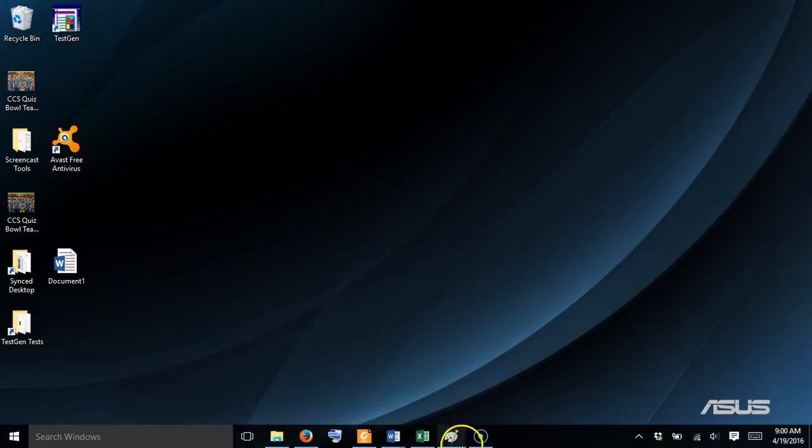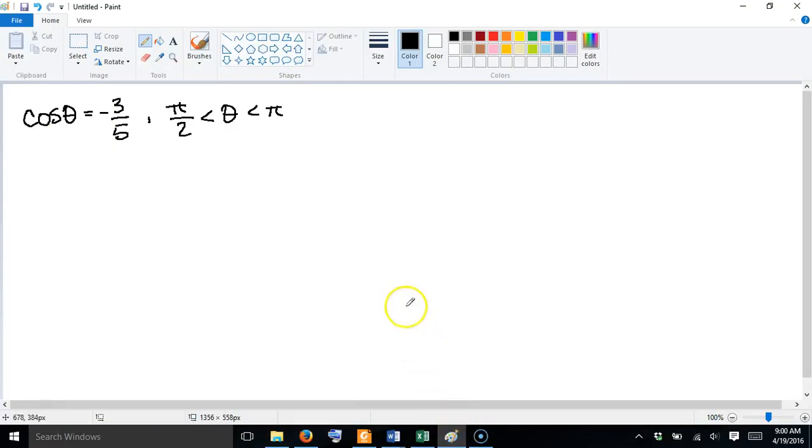All right, guys, let me put my page back up. Okay, there we go. Now this problem is number 9. We are given that cosine of theta is negative 3 over 5 and that theta is between these two values here. That's 90 and 180, so quadrant 2.